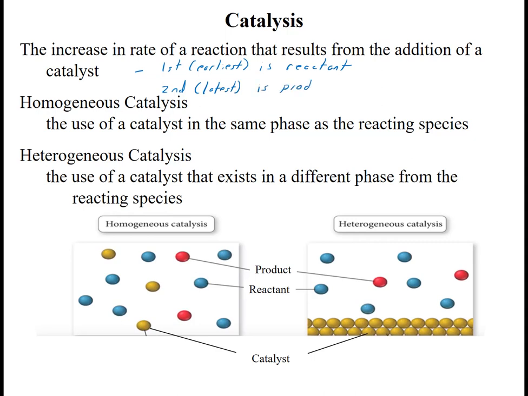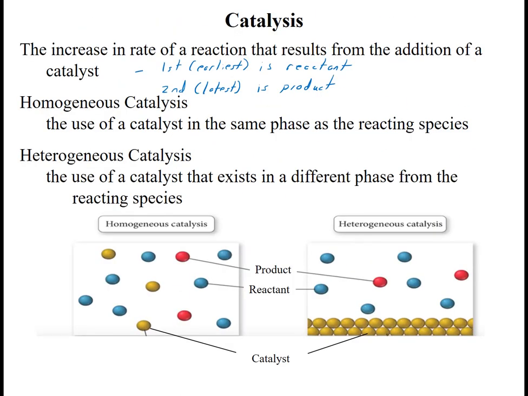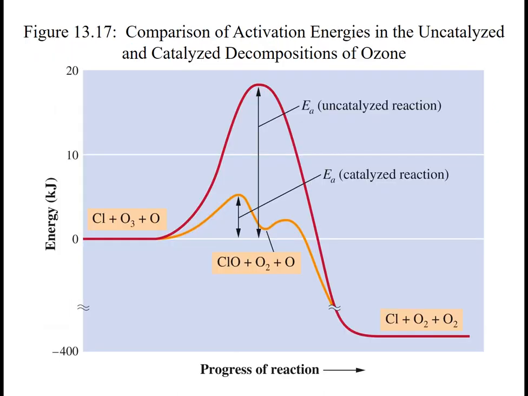So it's exactly opposite of that of a reaction intermediate. If you go back here again, for the reaction intermediate, the first was a product, the second was a reactant. For a catalyst, it is first a reactant and then it is a product. Okay, so we're going to do that as a problem.